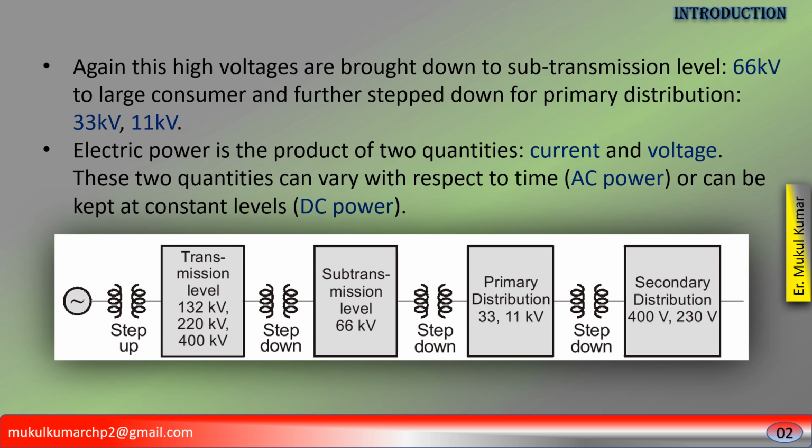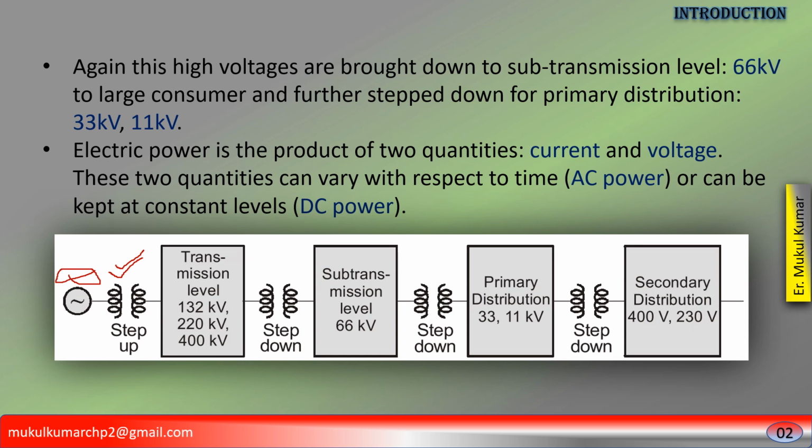And now I show the figure for generation to transmission. This is the generator, and after that a transformer is used to step up to the power transmission level of 132 kV, 220 kV, 400 kV over the long distance.